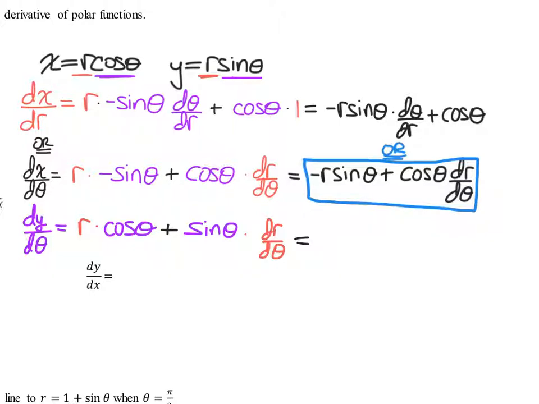So this one looks a little cleaner: r cosine theta plus sine theta dr d theta. Now, this is combining the concepts of polar equations and parametric equations. So dy dx is dy d theta divided by dx d theta.